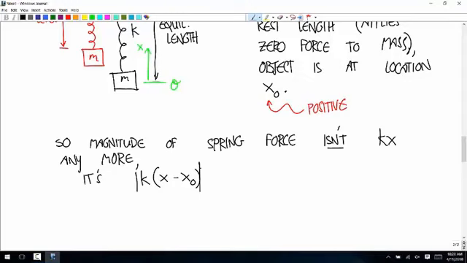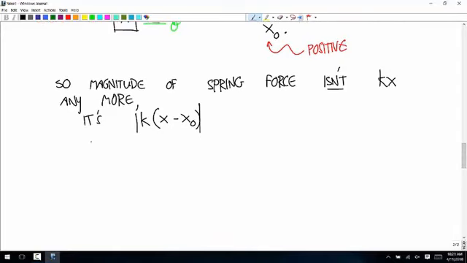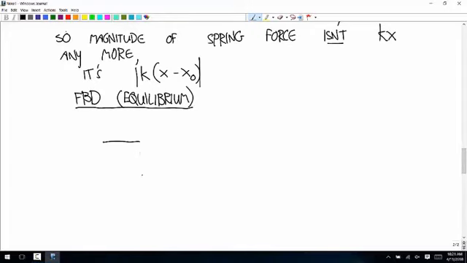All right, so now let's draw a free body diagram. Before we go into the one for the oscillatory motion, let's do a free body diagram and Newton's laws for the thing in equilibrium. So there's the mass.